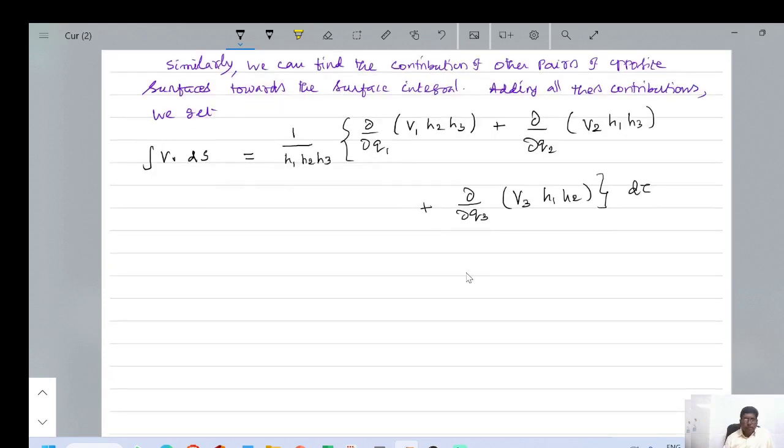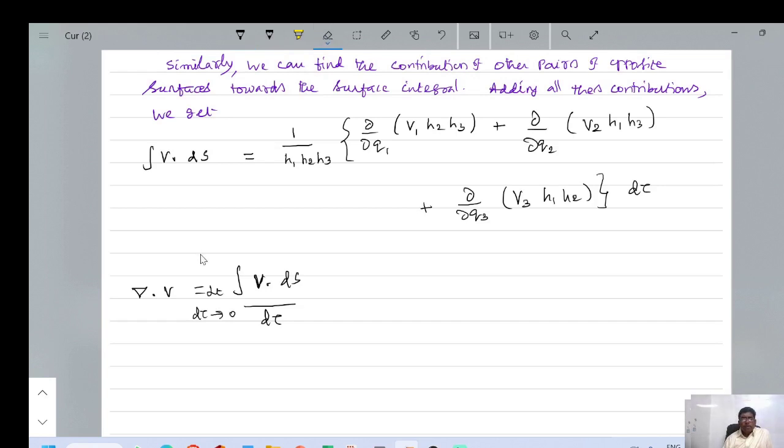Now div v is equal to v dot ds divided by dτ, where the limit dτ tends to 0.